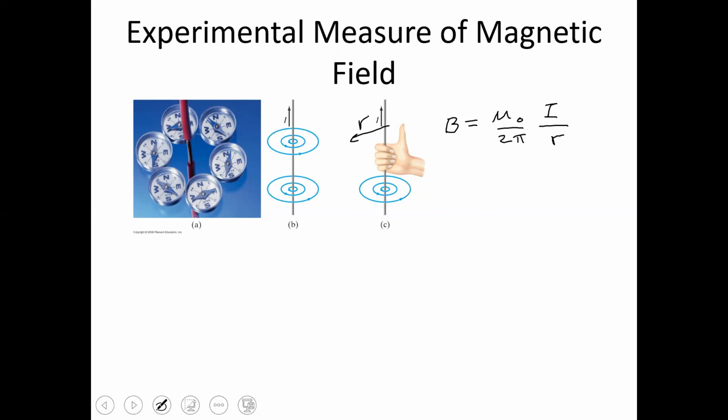What about our direction? So our direction is shown with these blue arrows in this image, and we can get the direction from one version of our right-hand rule. So right here, you'll see we've got a right hand with the thumb sticking in the direction of positive current flow. If our right-hand thumb is sticking in that direction, our right-hand fingers will curl around that wire in the direction of our magnetic field lines.